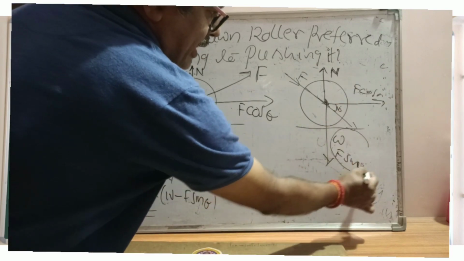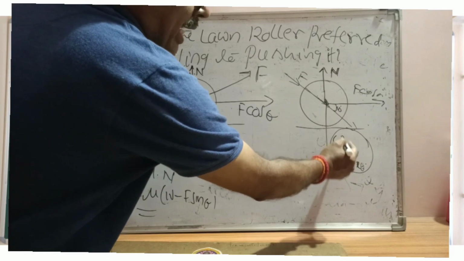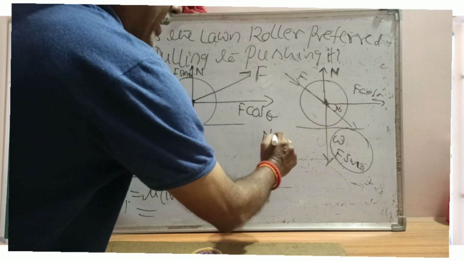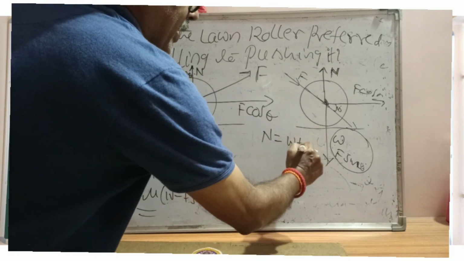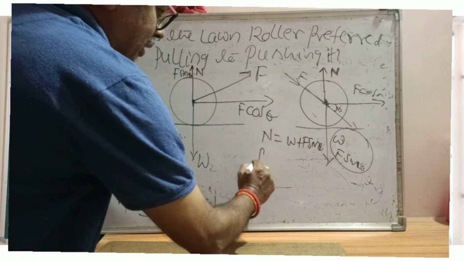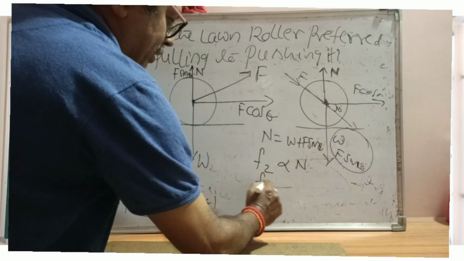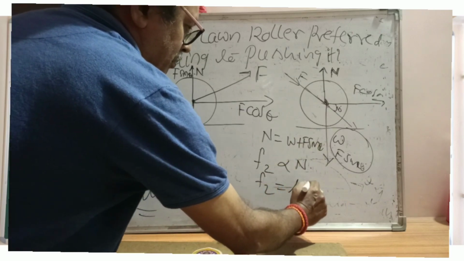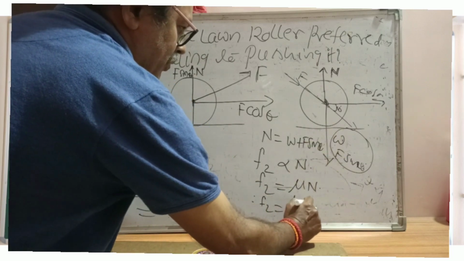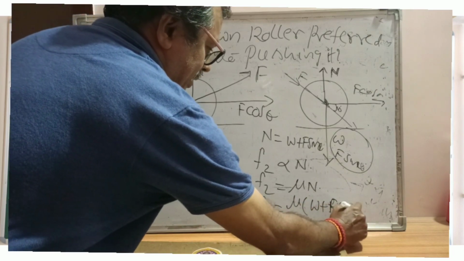Therefore it can be noticed that the vertical component of force is added up, W plus F sin theta, to the normal reaction N. Therefore N is equal to W plus F sin theta. F2 is directly proportional to normal reaction, F2 is equal to mu into N. Therefore F2 is equal to mu into W plus F sin theta.